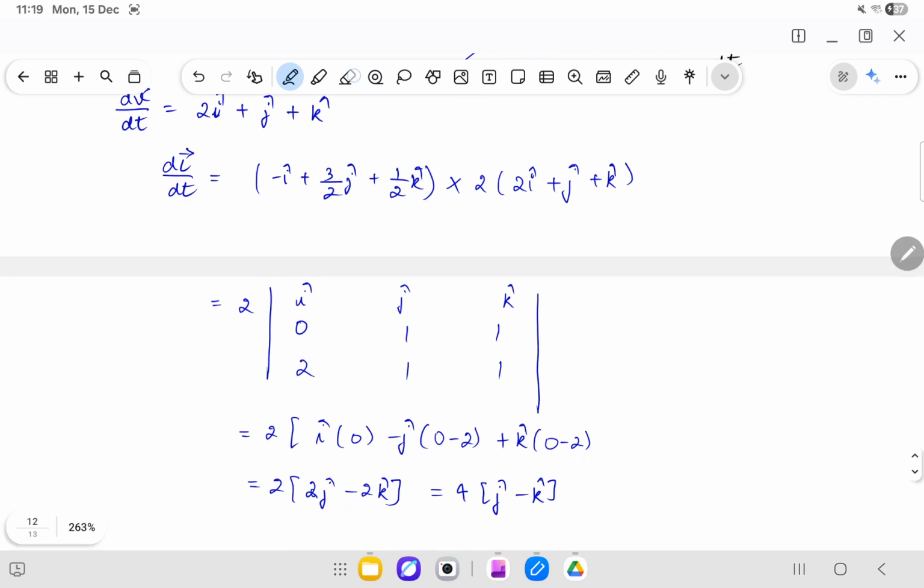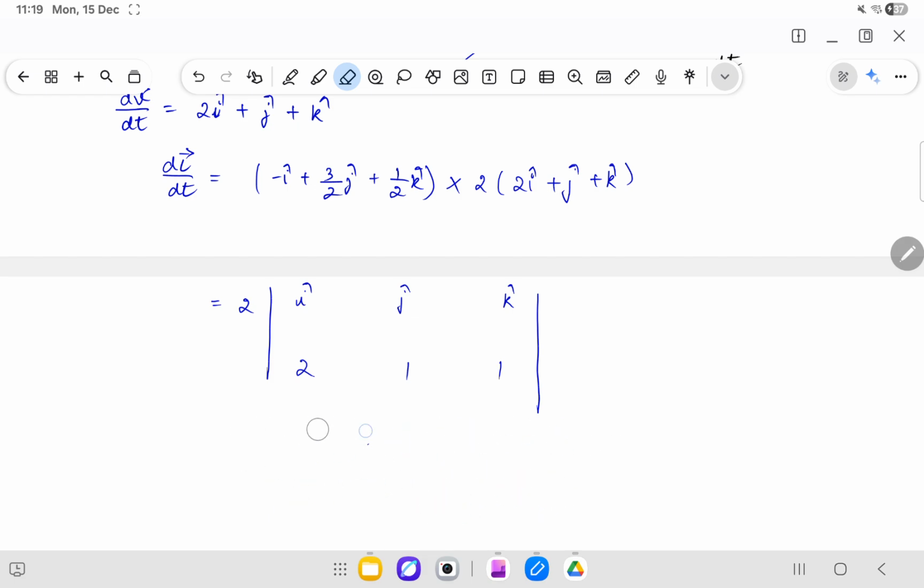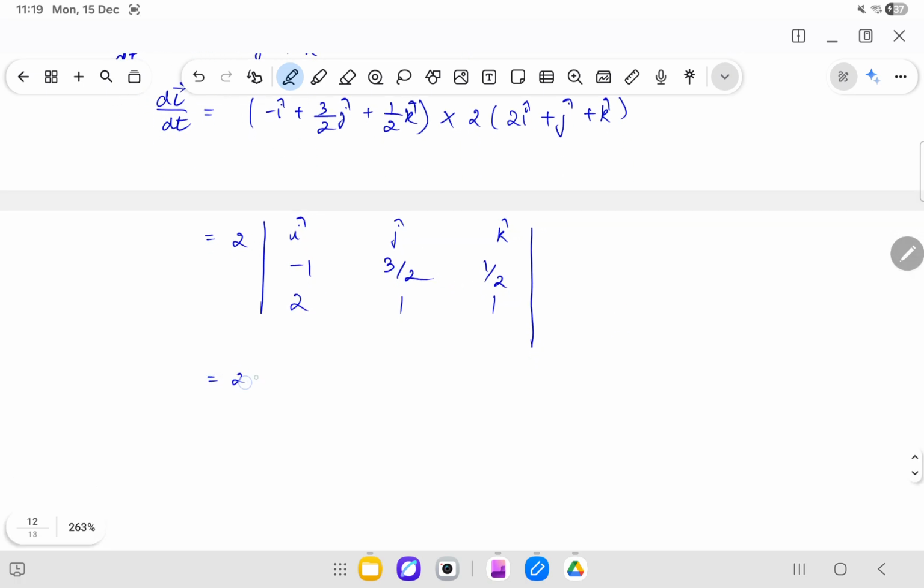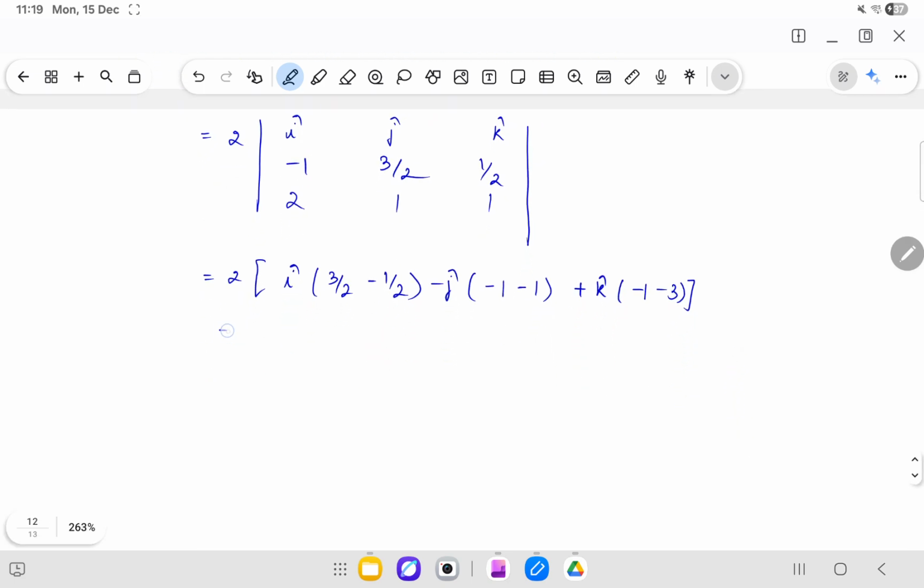So if I evaluate it, it will be equal to minus 1, 3 by 2, 1 by 2, and it simplifies to 2 times i cap (3 by 2 minus 1 by 2), minus j cap (minus 1 minus 1), plus k cap (minus 1 minus 3). 3 by 2 minus 1 by 2 is 1, so it gives 2 i cap plus 4 j cap minus 8 k cap.